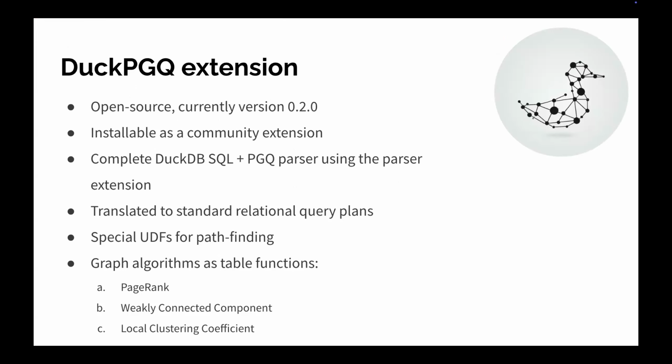So technically, there's no support for PGQ in Postgres and SQLite, but there is through DuckDB. And it's installable as a community extension. Before, you could only load extensions through an S3 bucket, and it was kind of hacky. But now they allow for community extensions, which are third-party extensions.